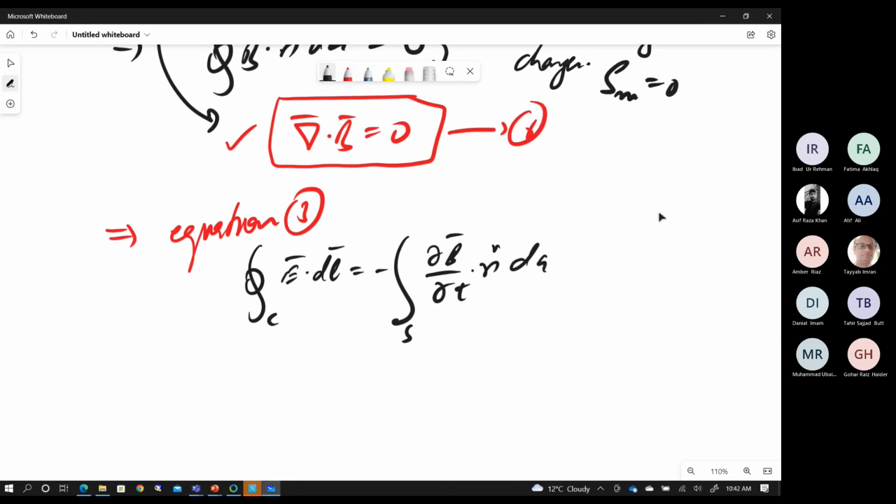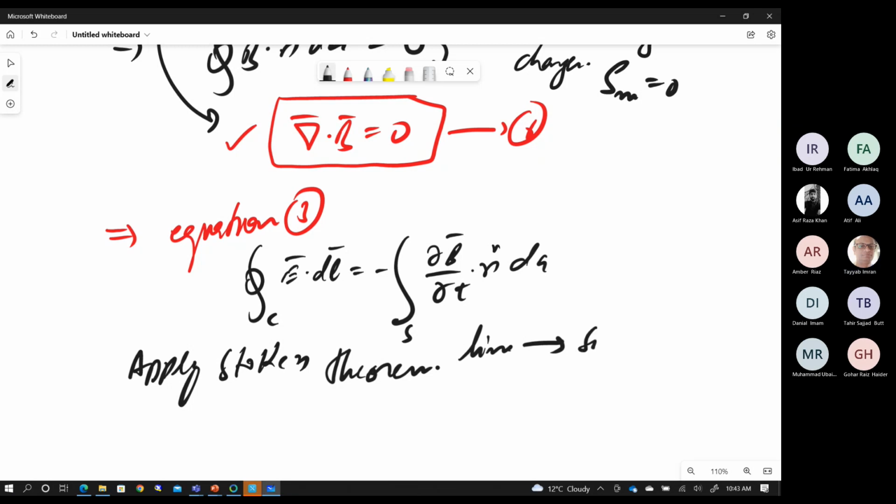Okay, so question number 3, and we apply Stokes' law or theorem. That is from line to surface.